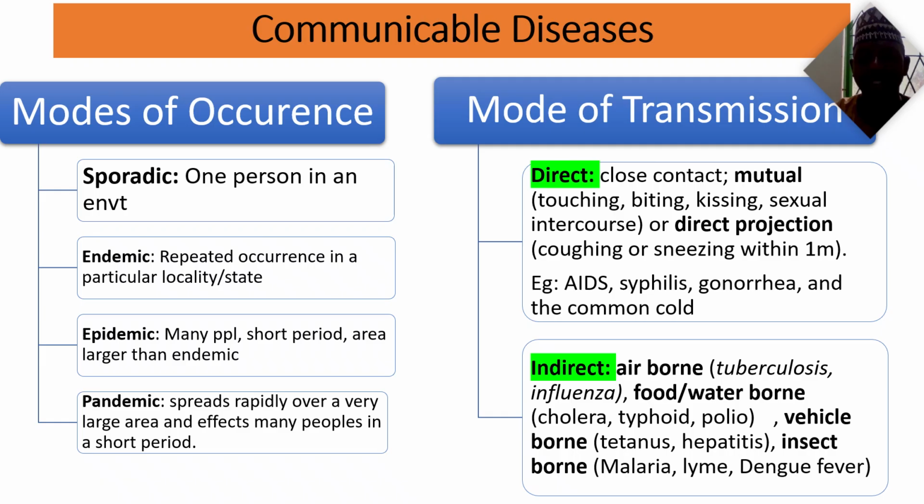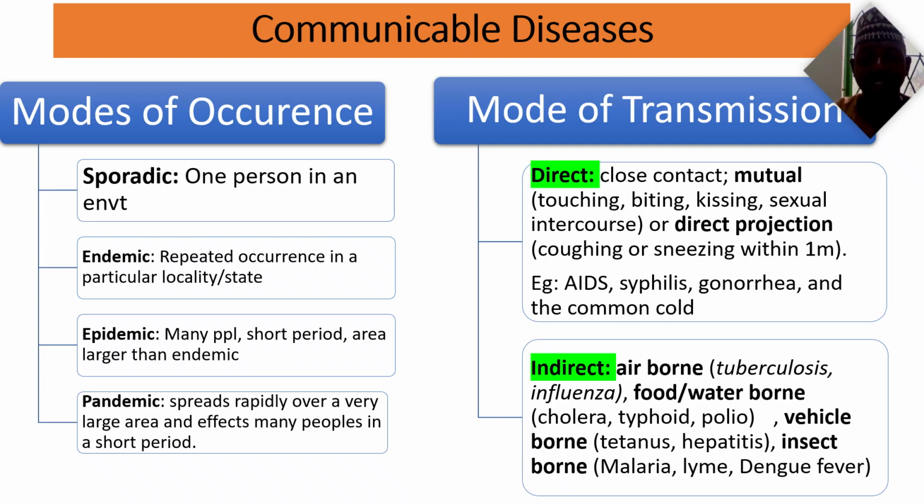This includes maybe toys used by children, handkerchiefs, soil clothes, beddings, utensils, surgical devices, and so on. So all these are referred to as vehicle-borne transmission mechanism.